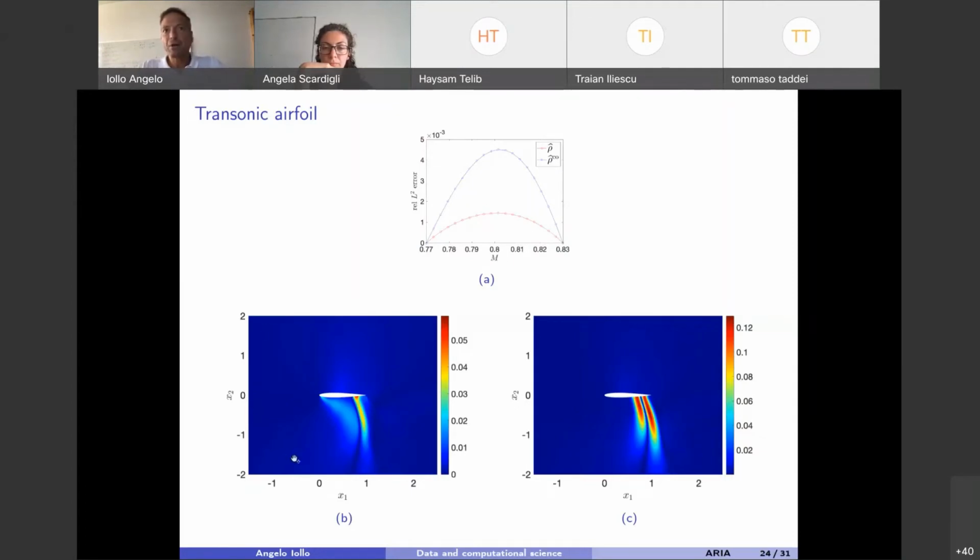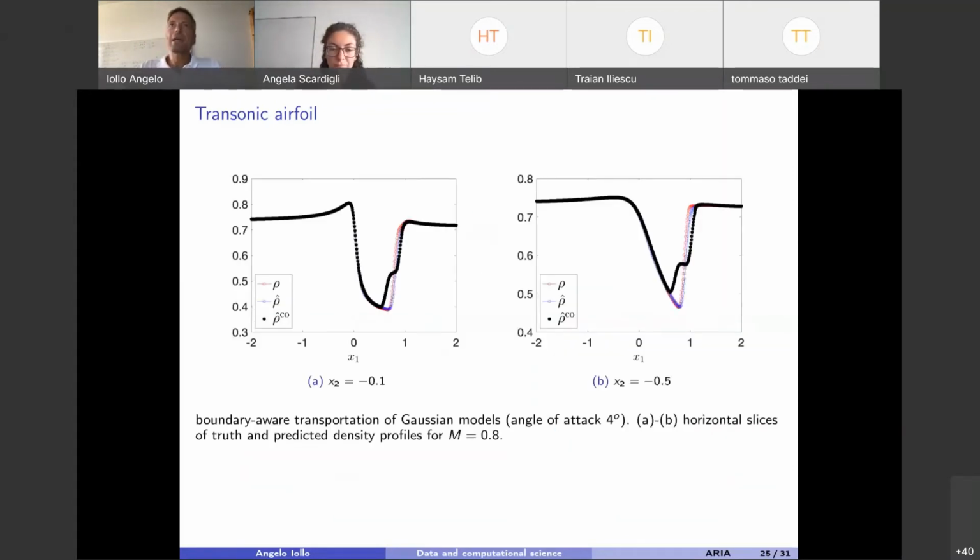And on the left here, you have the error due to displacement interpolation in absolute value. You have the error in absolute value due to linear interpolation between these two Mach numbers, okay? Now the plot that I showed you before has completely changed shape, in the sense that now the red curve and the blue curve are almost superposed.